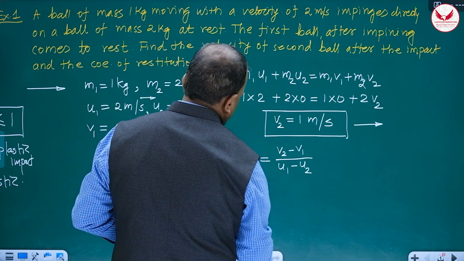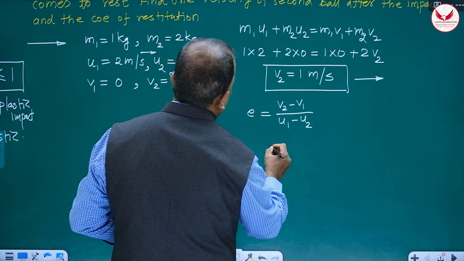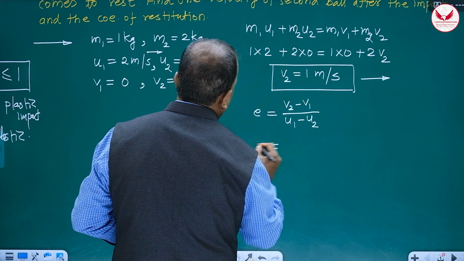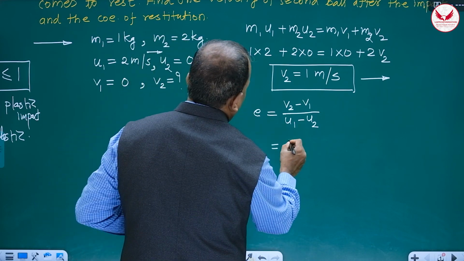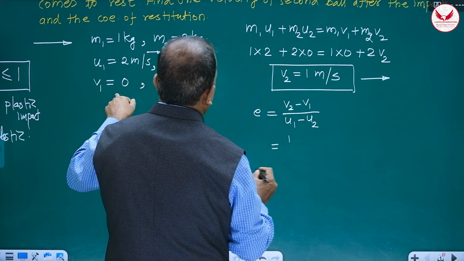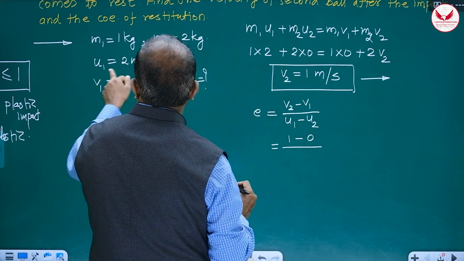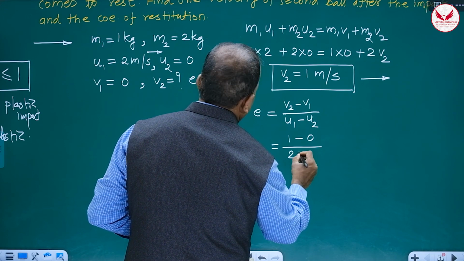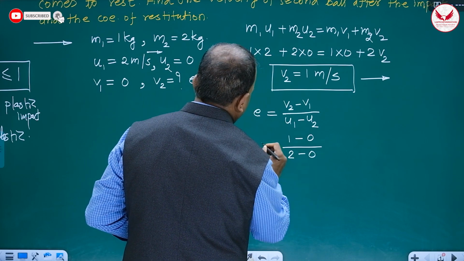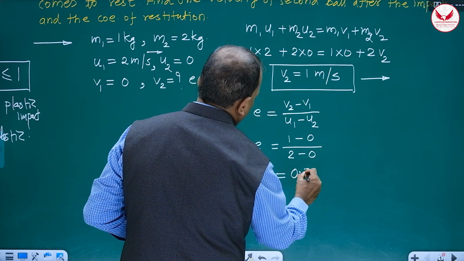Now if we put these values, V2 we have calculated is 1 towards right, minus V1 which is 0, so 1 minus 0, divided by U1 towards right 2 minus U2, which is 0. It's a very simple example. E is equal to 0.5.